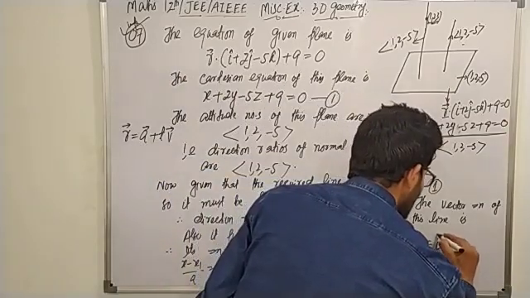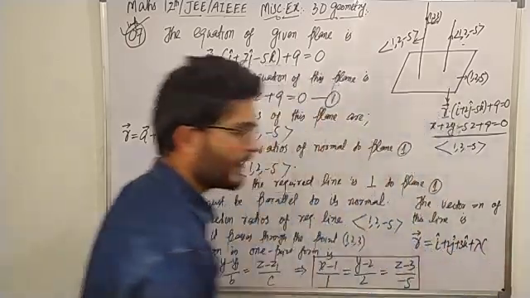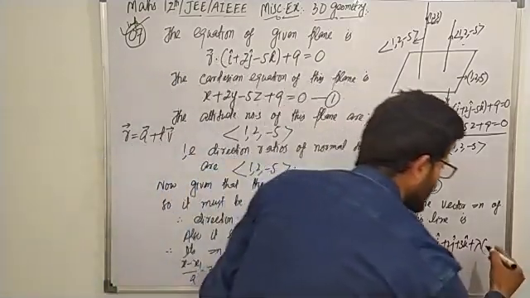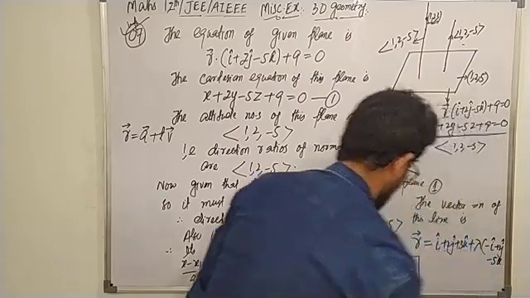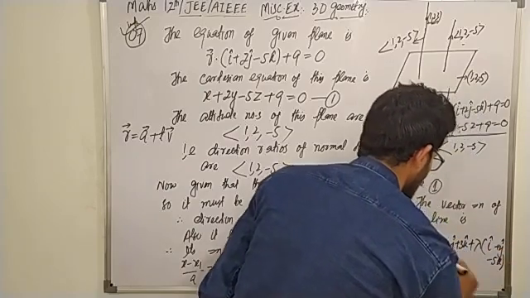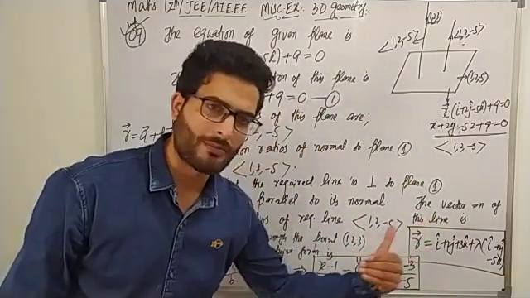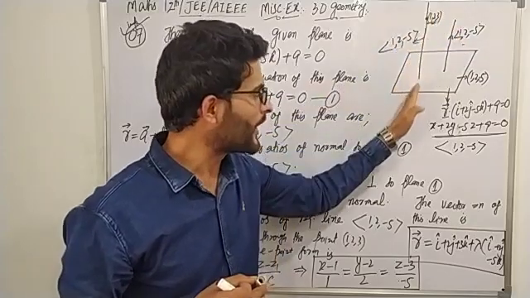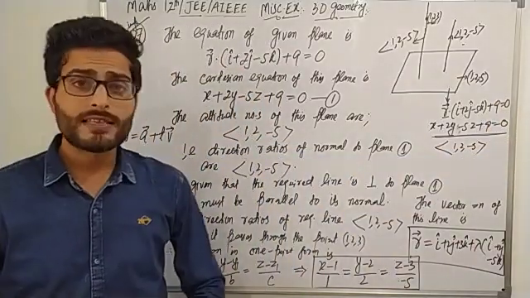So what will the position vector be? i plus 2j plus 3k plus t times, or write lambda times, the vector v. But what is vector v? Parallel to the line, so what are its direction ratios? 1, 2, minus 5. What will the vector be? Not minus i plus 2j, so i plus 2j minus 5k. So r vector is equal to i plus 2j plus 3k plus lambda times i plus 2j minus 5k would be the equation of that line which is passing through the point 1, 2, 3 and perpendicular to the plane r dot i plus 2j minus 5k plus 9 is equal to 0. All about question number 7 of the miscellaneous exercise.